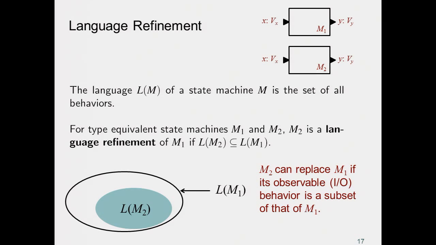Now, if some of you have done some continuous system theory, you know about the observability and controllability concepts. That is related to what I'm talking about here. So take a system x dot equal to f of x and u, and y equal to g of x and u.